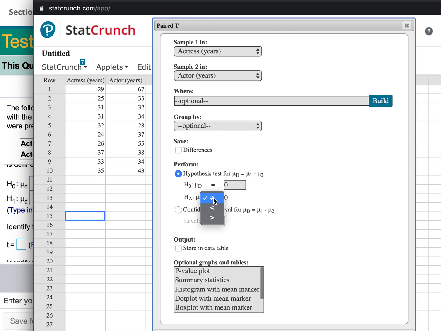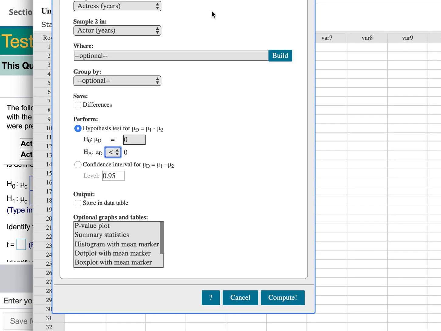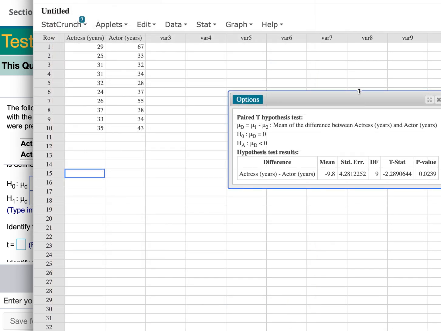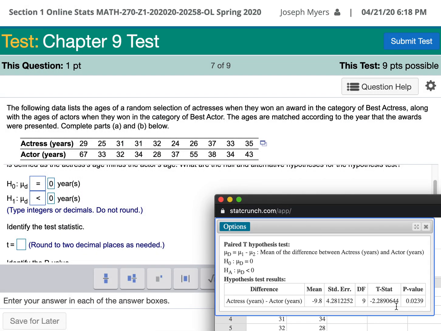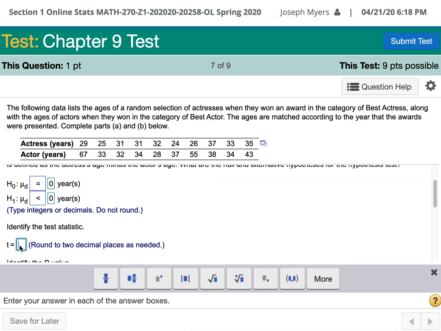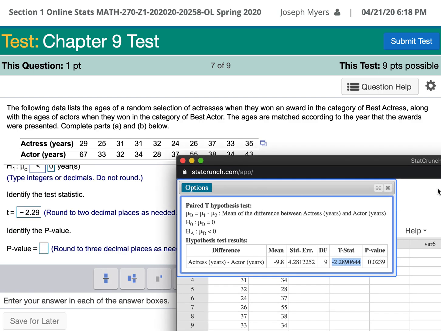We're testing to see if the difference is less than 0, meaning the actresses would be younger. So then I'll click compute, and then I'll look at my results. So the test statistic is right here, and round it off to 2 decimals, that would be 0.29. And then the p-value is that.